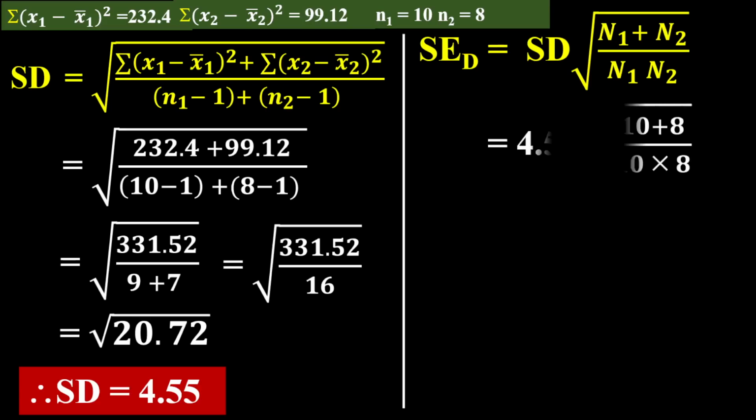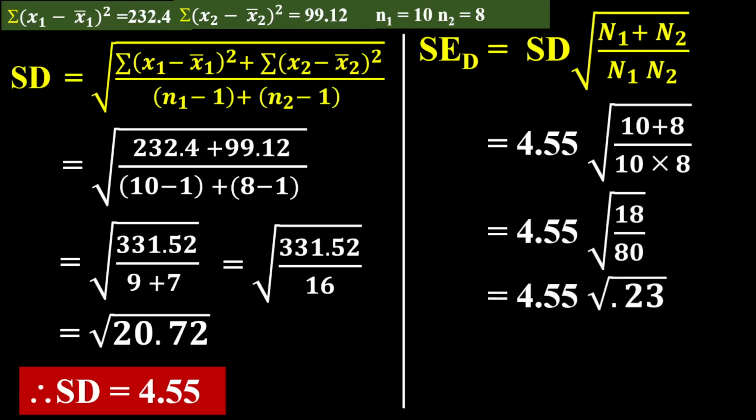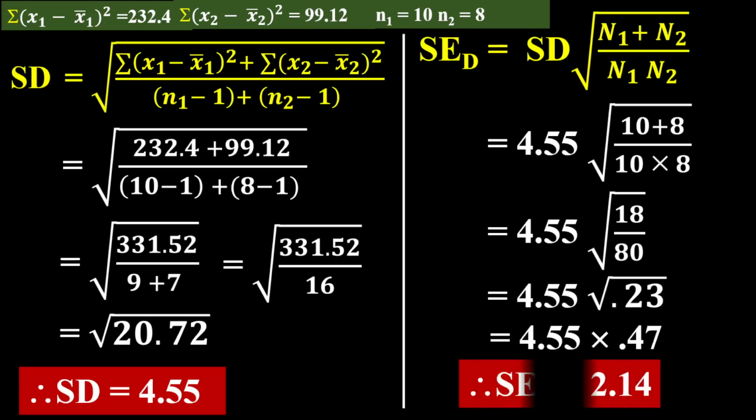Now putting the values, and by solving it, we will get SED equals 2.14. Now we already have the SD, and we have the means of both the groups.